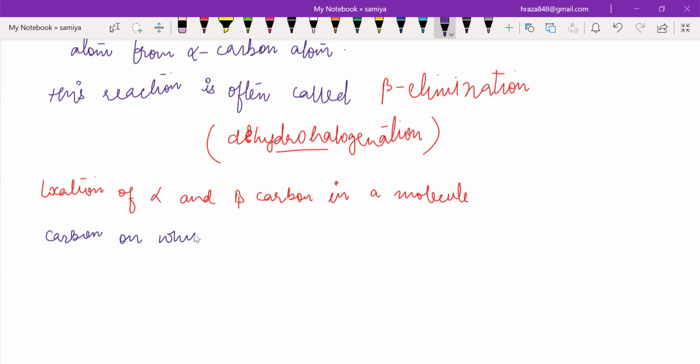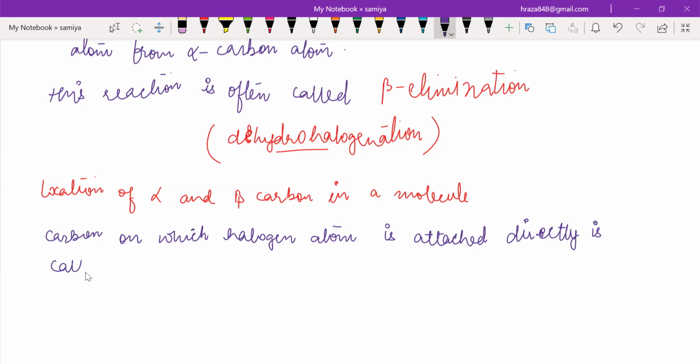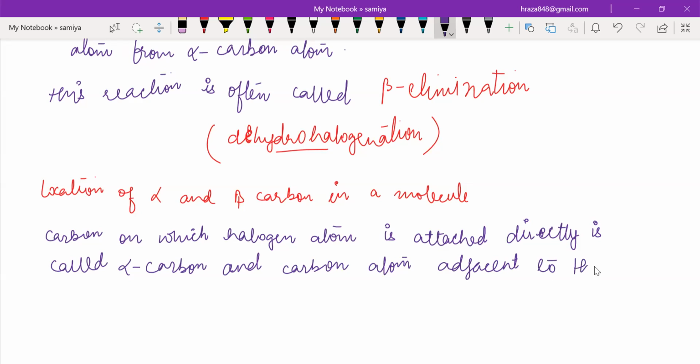The carbon on which the halogen atom is attached directly is called alpha carbon, and the carbon atom adjacent to this carbon is called beta carbon.